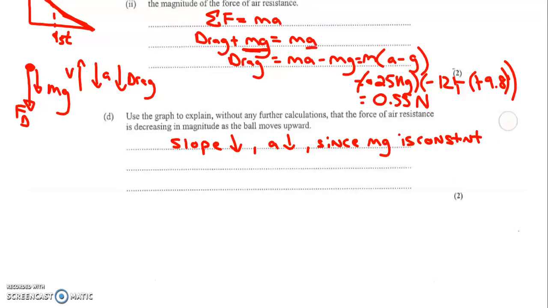So if my a is going down, the only thing that could change on the left-hand side of the equation is the drag. So it's this series of logical arguments. The slope is going down. That means my acceleration is going down. Mg is constant. Therefore, drag must be going down. Okay? And you have to have all of that in there in order to get this correct.